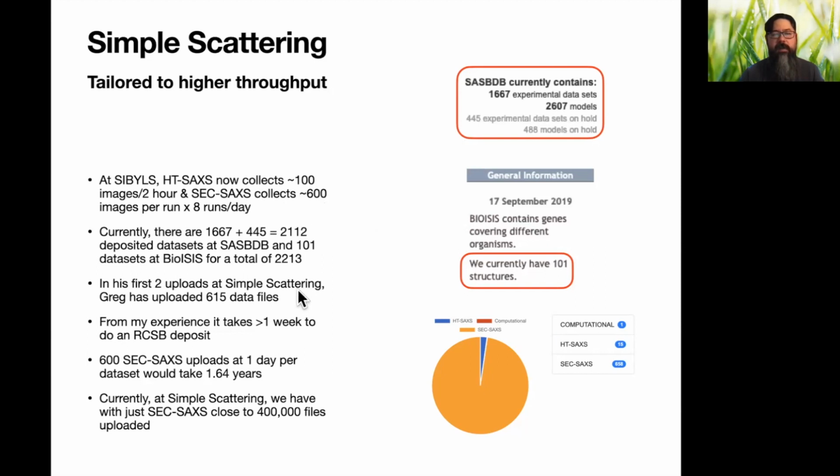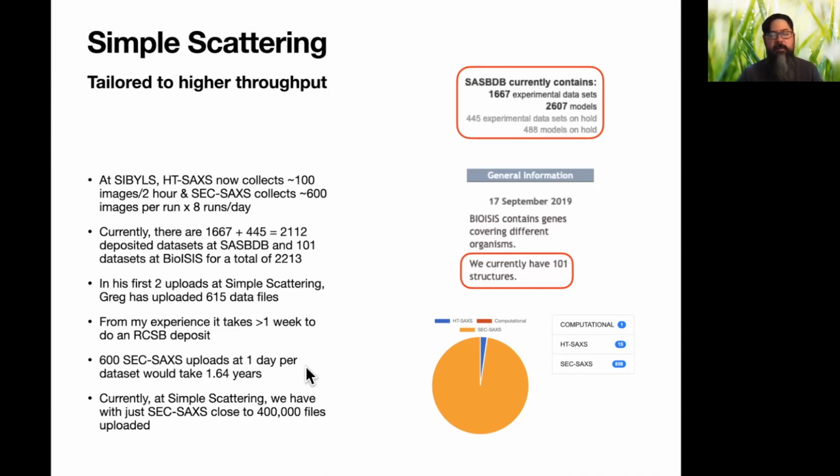When he first uploaded his first 2 data sets to simple scattering, one was high throughput from a plate, and the other was from SEC Sachs, and he was able to do that in a matter of minutes, as opposed to my experience with the protein data bank, which takes about a week to do a deposit.